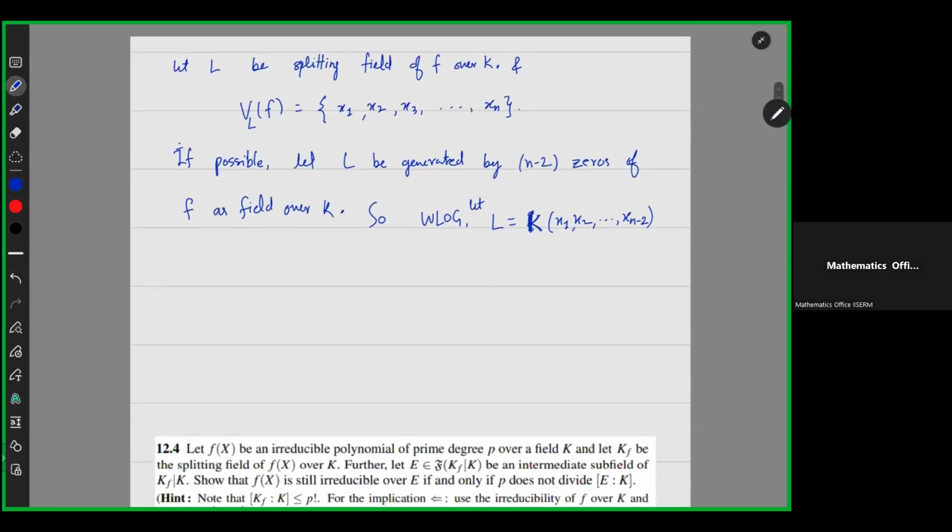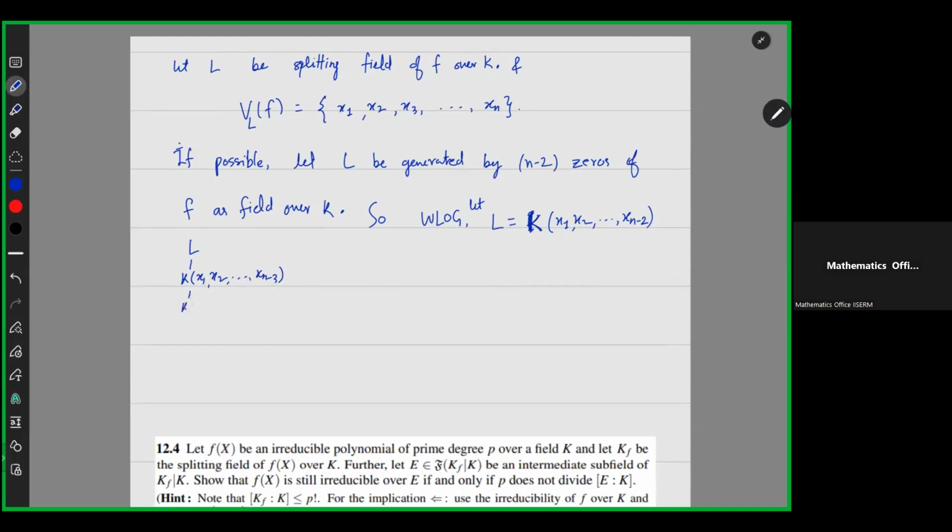Now, if we get intermediary fields here, like this: L over K(x1, x2, ..., xn-3).